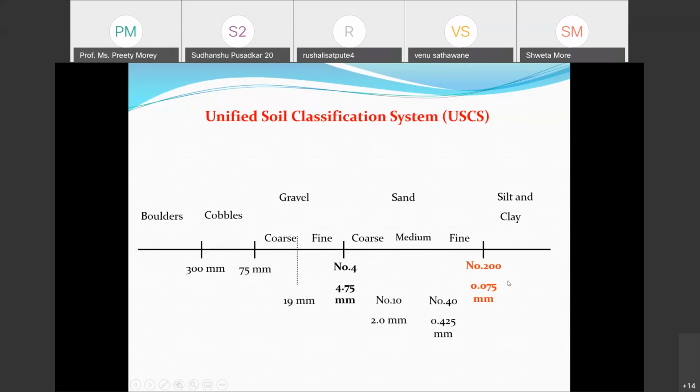The soil having size less than 0.075 mm, that is 75 micron, will be your silt and clay. We have 0.002 mm, that is 2 micron, as the diameter of your clay particle. So the soil below 2 micron is clay, and from 2 micron to 75 micron is your silt.